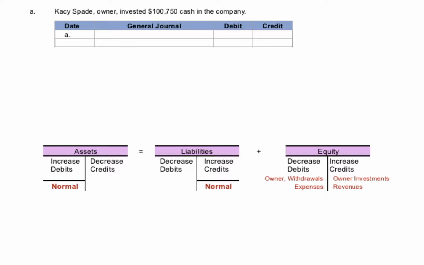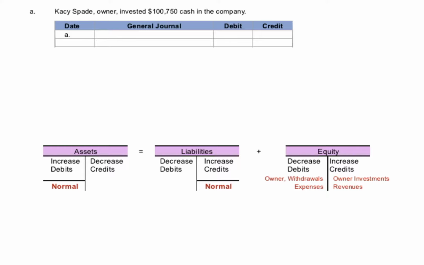You also see at the bottom here that we are looking at an expanded view of the basic accounting equation that lists the normal application of debit and credit balances for the various types of accounts.